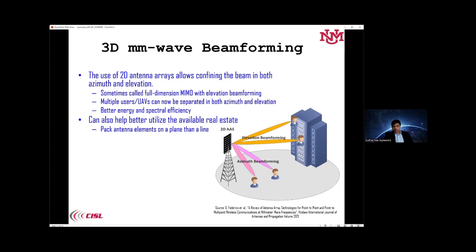So you can separate the users and point the signals in both the vertical direction as well as the traditional azimuth direction. But also, because you are using a planar two-dimensional antenna array, now you can actually pack more antenna elements on a smaller size real estate.